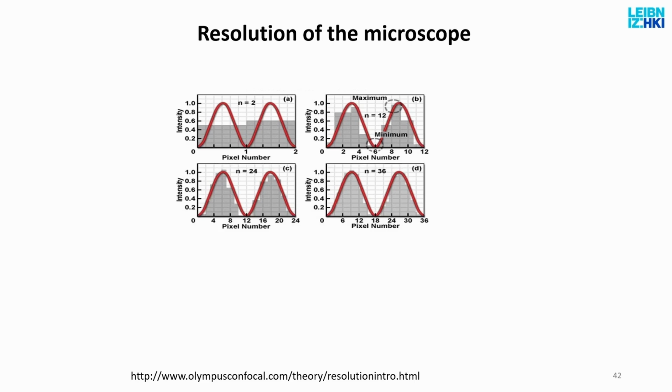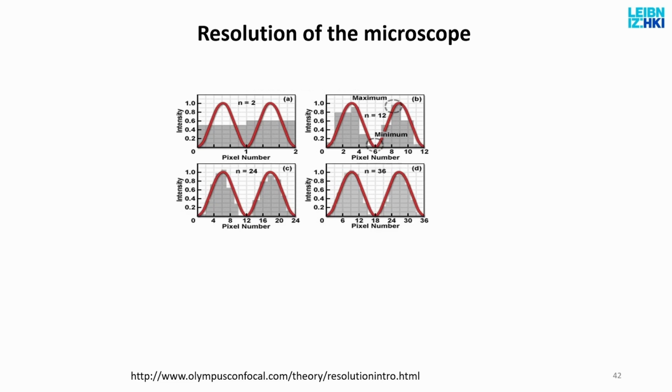If I set my pixel size much smaller, then I have a lot of information which I don't need. I need to know where they are, how far they are. I don't need their exact shape, unless that's your target. So this is too low, this is too high, because it will again harm the sample and take much longer to collect so many pixels and so on and so forth.